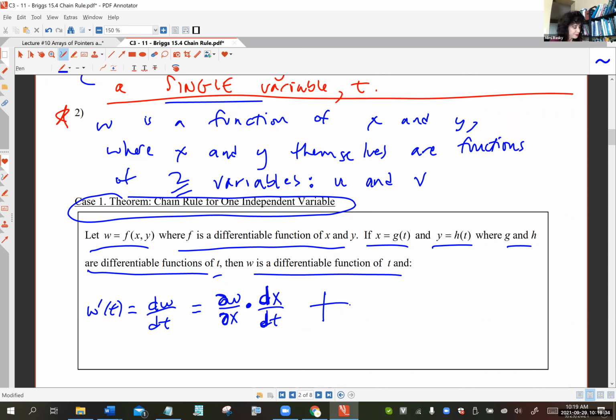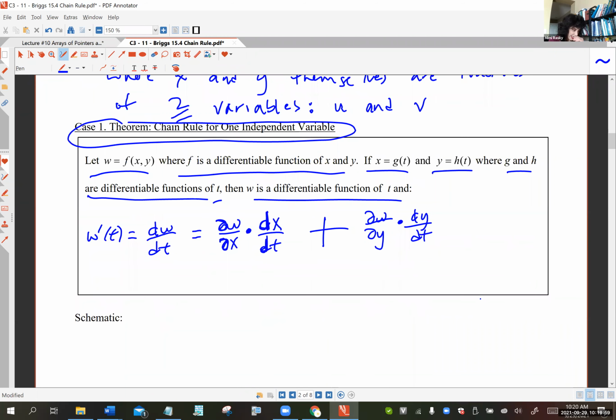Plus, we're not done, dw dy, that's a partial derivative, so use the curvy d, times dy dt, that's straight stem d. Now, if this looks kind of scary, don't worry, it's going to all be clear soon. Write it down.